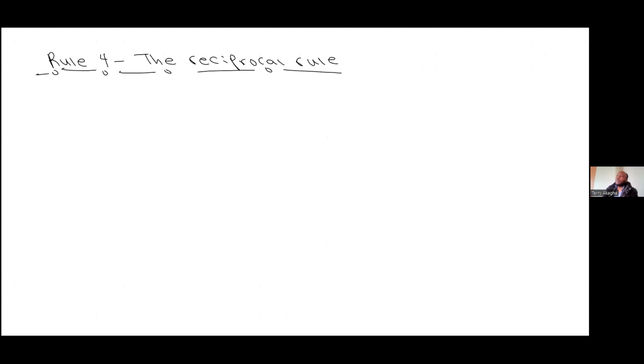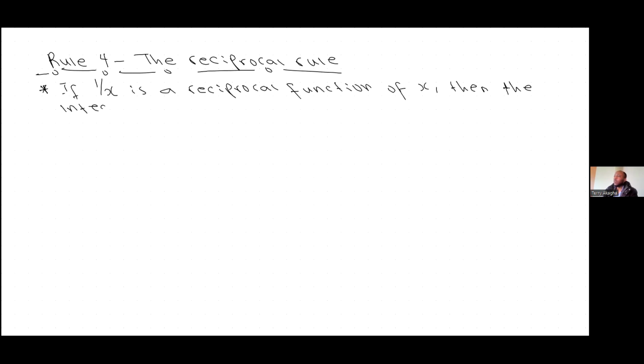If 1 over x is a reciprocal function of x, then when you integrate this function, it is going to be the natural log of the absolute value of x.